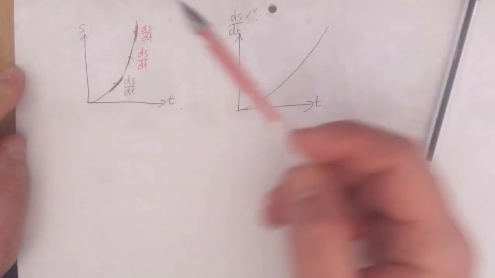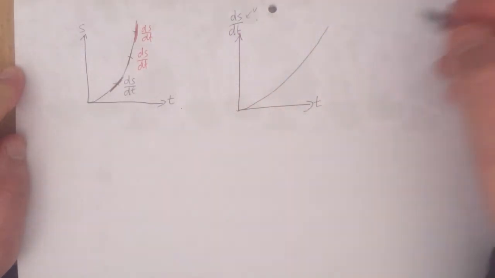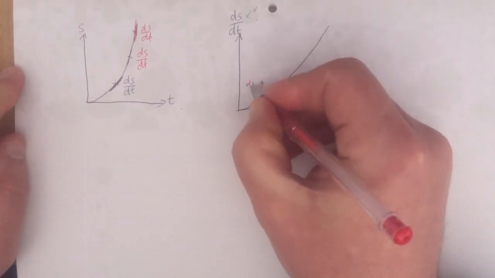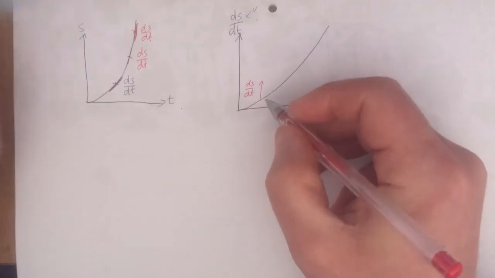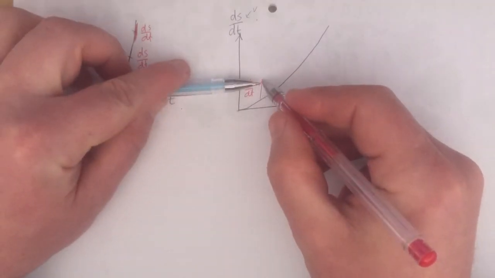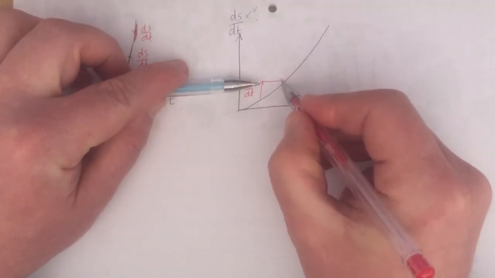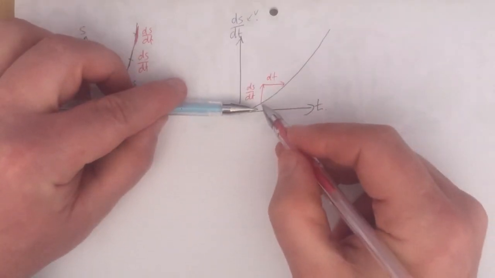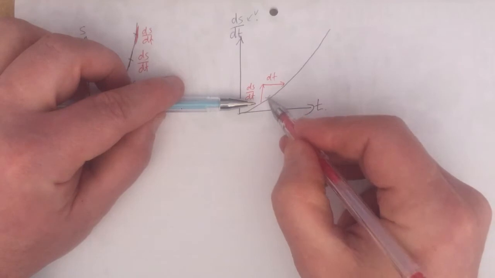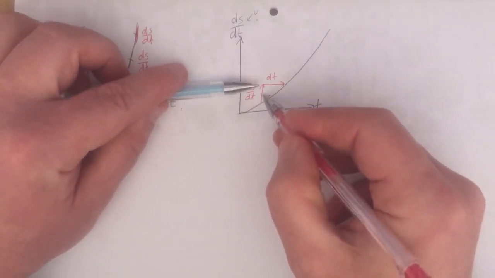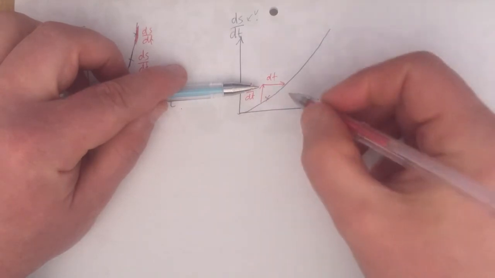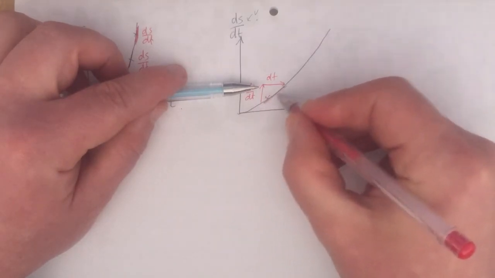So again, a way we can look at this is that as time goes on, the rate of change of ds by dt with respect to time, so the rate of change at this particular point here, say, of ds by dt with respect to t can be written as the gradient of this graph here.